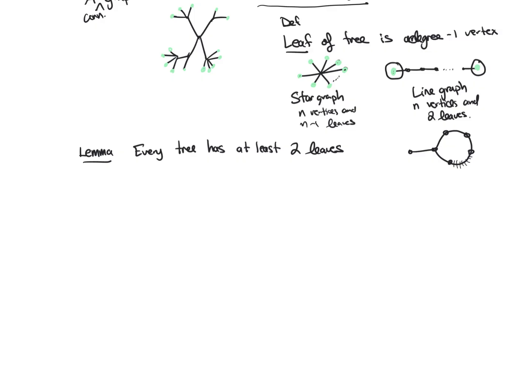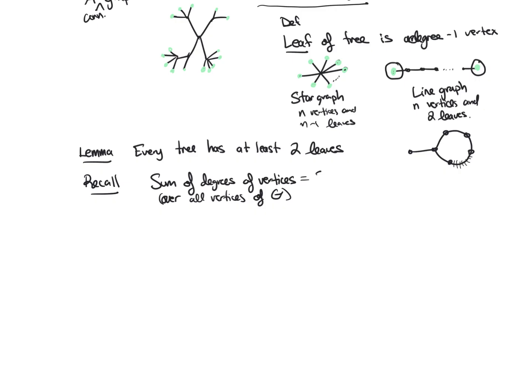So this isn't too hard. Let me just recall that the sum of the degrees of vertices, where you add up the degree of the vertex, the number of edges containing it, over all vertices of the graph, is twice the number of edges, the first thing we showed on Tuesday.